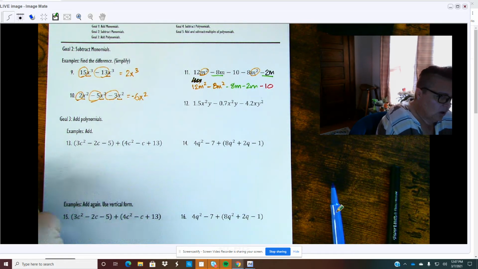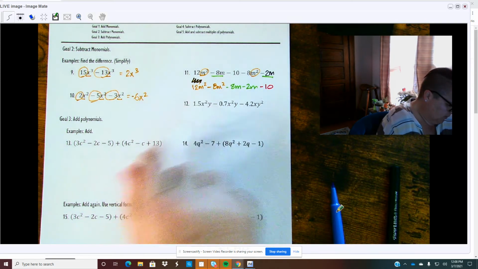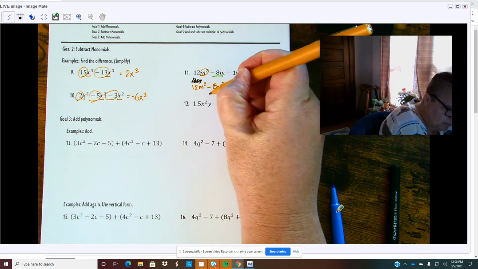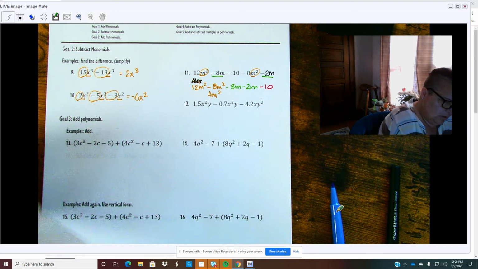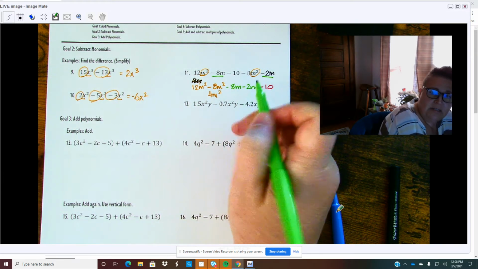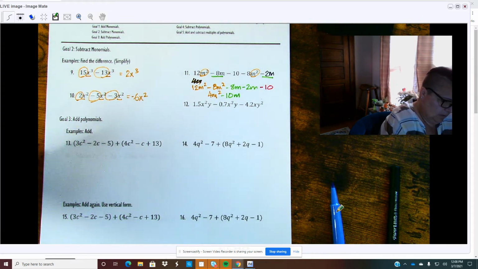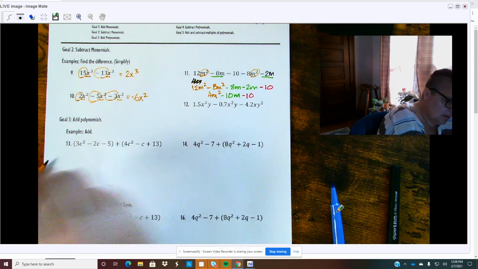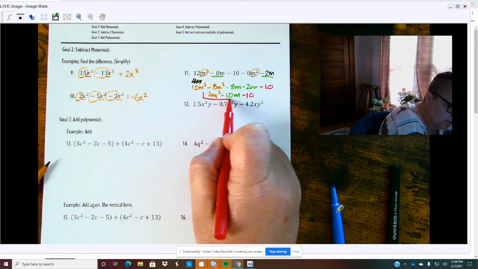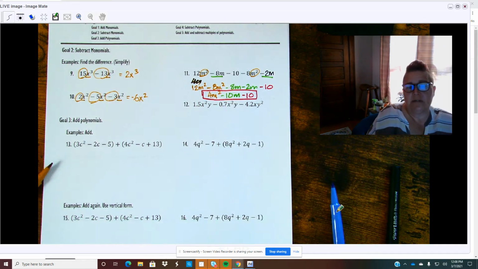So when I go to combine things, the 12m squared minus 8m squared will leave me with 4m squared. The minus 8m minus 2m will give me a minus 10m. And then I have another minus 10. This is as far as I can go because I cannot add m squareds to m's. I cannot subtract m squareds to m's, so that's where I leave it.